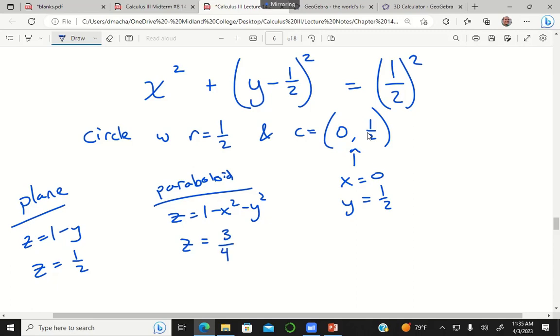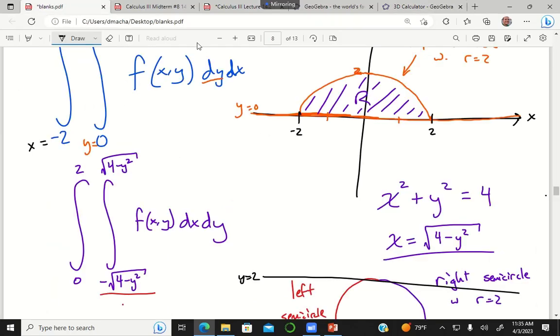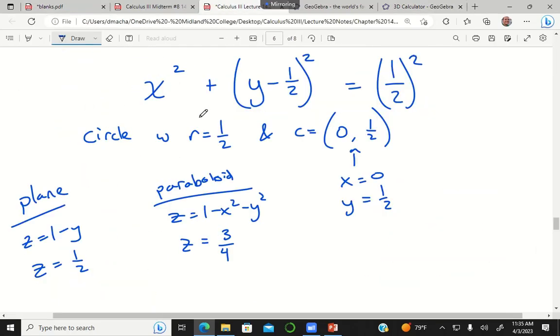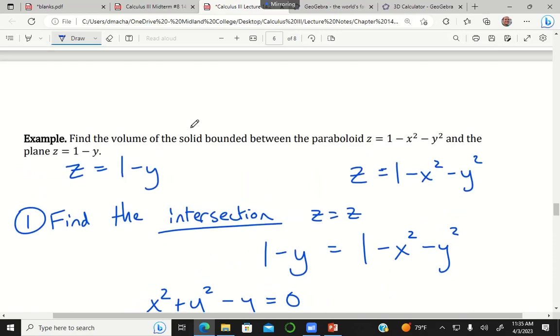Since the paraboloid has the greater z value, that's how I could tell that the paraboloid is going to be on top of the plane, even if I don't have a graphing utility. Even if I were taking an exam with pencil and paper and didn't have a good graph of this thing, the paraboloid is on top.